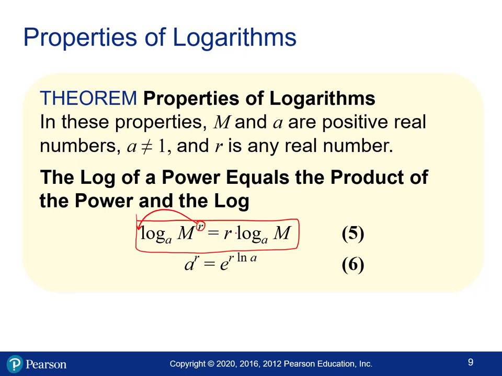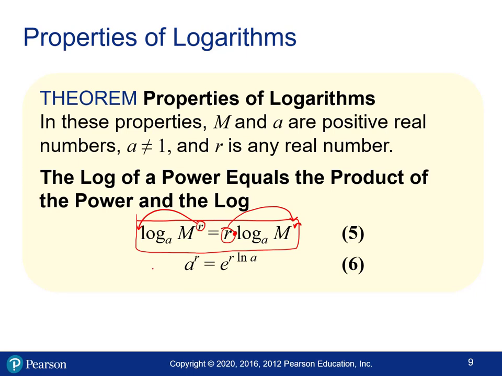And when you do that, you multiply. So what was an exponent is now going to multiply the log. And these are equal. You can type them in your calculator and see that they're always going to be equal. Again, you can do these in both directions. So if you have a number in front of your log, you can take it and bring it back into the exponent position on your argument if you want to.